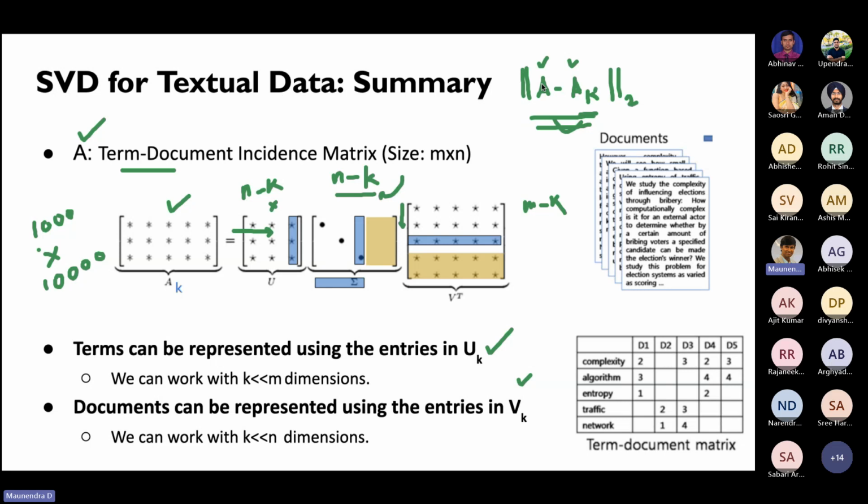So here also, there are many dimensions which group together, many terms which group together to give meaning to a new term. So that is capturing the term relatedness. In matrix terminology, we say one row is a linear combination of other rows. Here we say that one term is a linear combination of other terms.